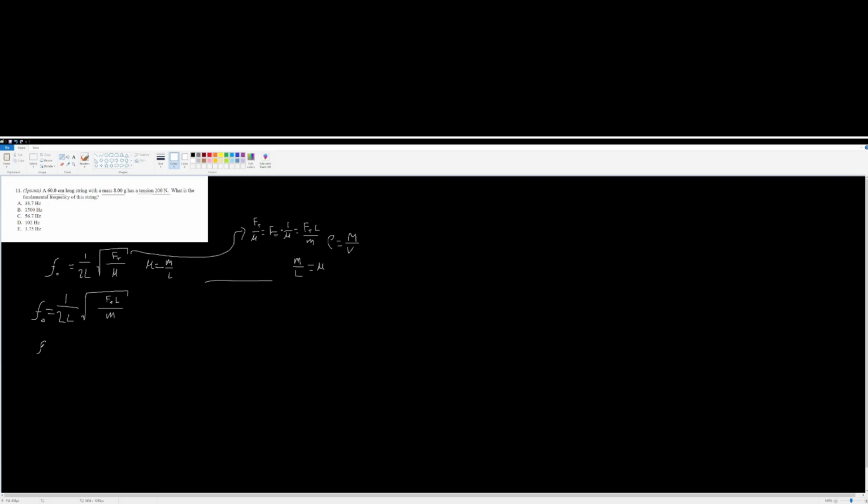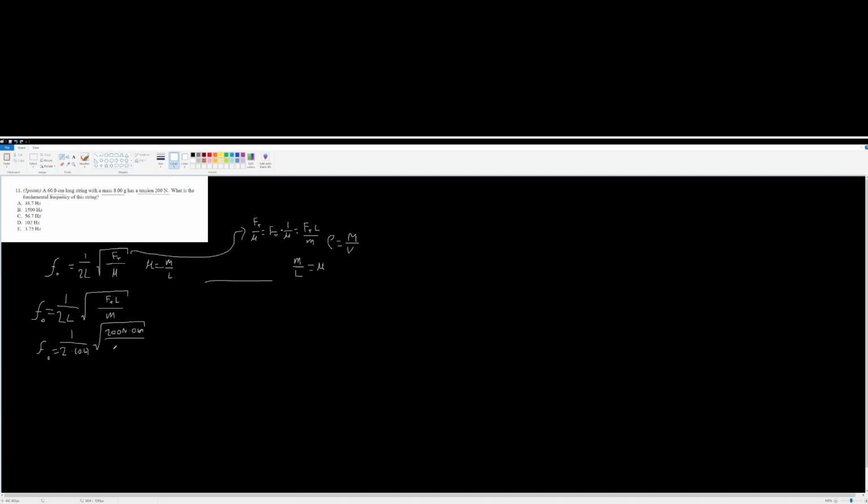Once we do this, we can simply plug and chug here. I mean, we've got 1 over 2 times 0.6 meters. Always remember to convert your units. And then under the radical, we've got 200 newtons times 0.6 meters all over that 8 gram mass. But in this case, we want to convert to our base mass unit, which is kilograms.